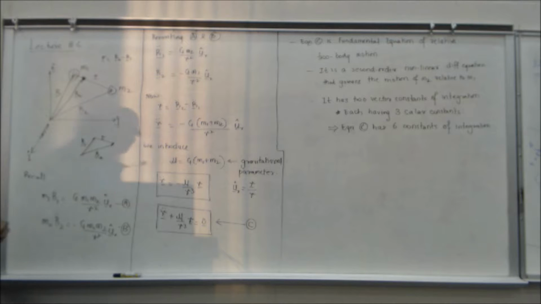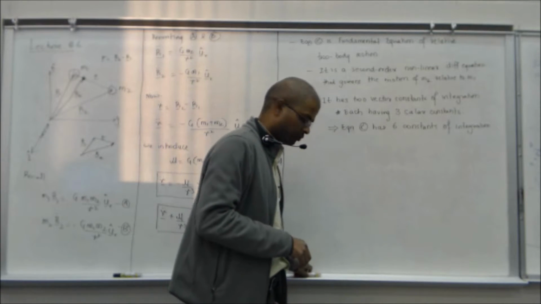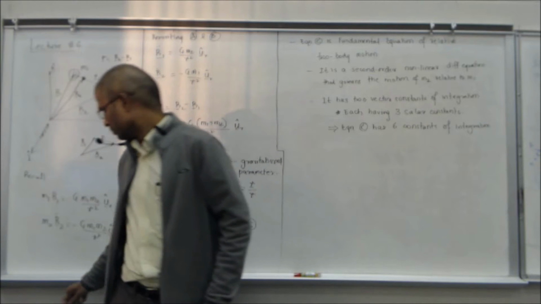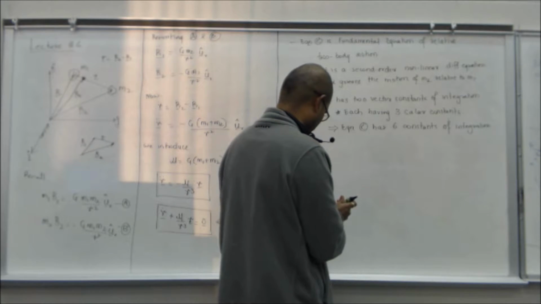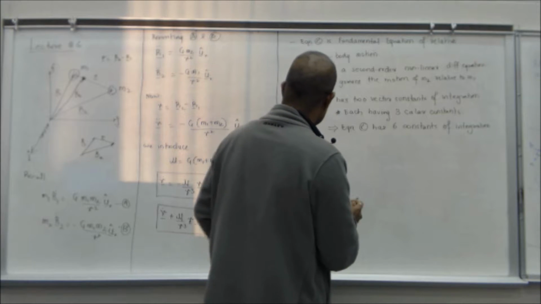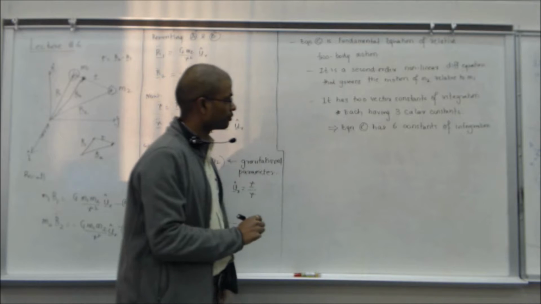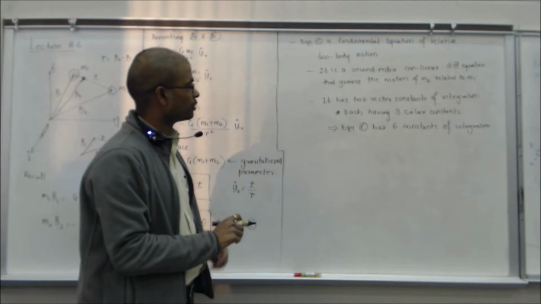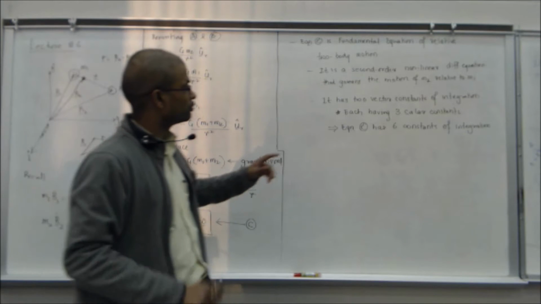Okay? The reason we discussed that is, what we're going to say here is, what does that say under it? It has two vector constants of integration? Oh yeah, we did not discuss that. No, I meant what does it say under it?